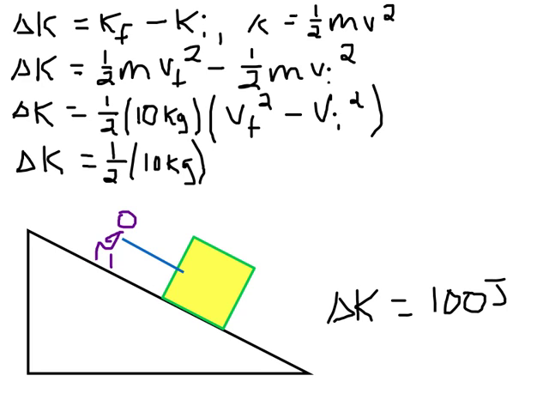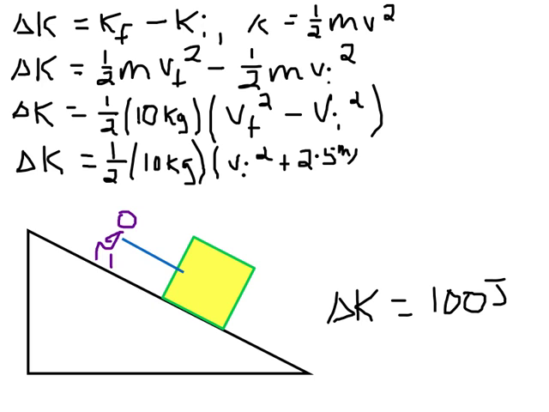But now the magic happens. We're going to use kinematics. To find V final squared, we're going to use a kinematics equation where V final squared is equal to V initial squared plus 2 times the acceleration, which I can actually get from the force analysis.